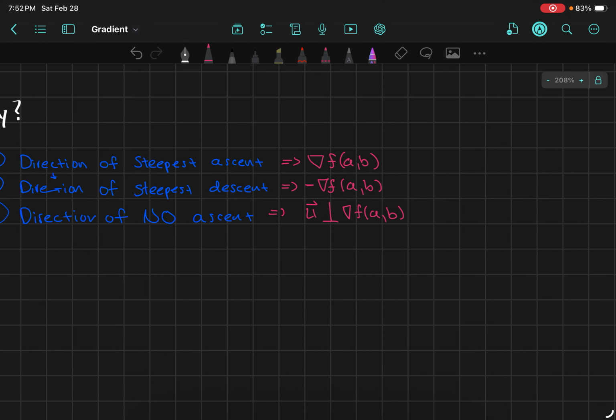It speaks more in the directional derivative sense, but I wanted to introduce it now because it does talk about the gradient, and I wanted them to be their own separate videos. But what I'm trying to say here is that when it's perpendicular, it's no ascent. There's no slope, right?